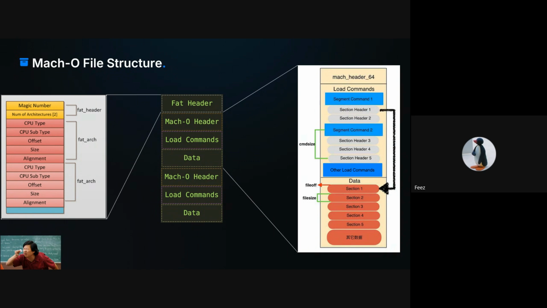Then the dynamic linker, or dyld, loads the Mach-O normally, which is on the right side.